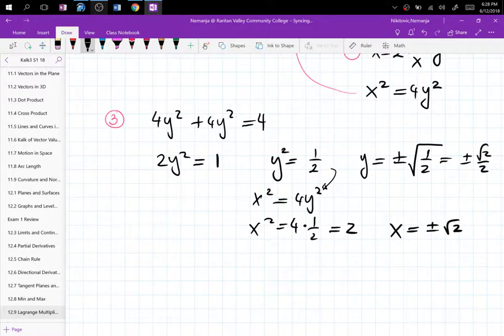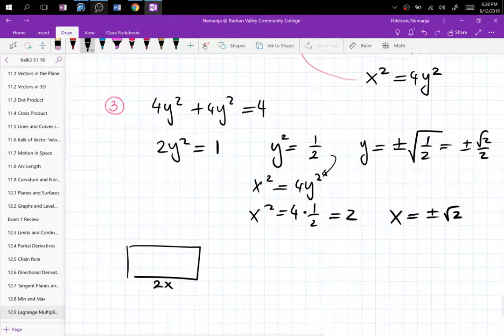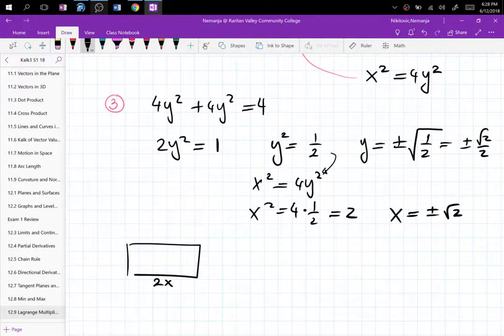I calculated x to be root 2 and y to be root 2 over 2. So what are the dimensions? This side is 2x, so it's 2 root 2, and this side is 2y, which is root 2. So the dimensions of the rectangle are 2 root 2 by root 2.